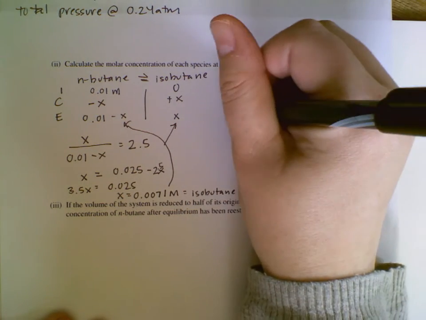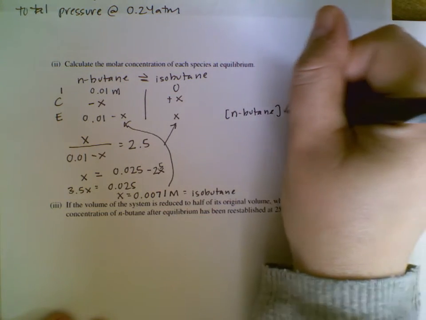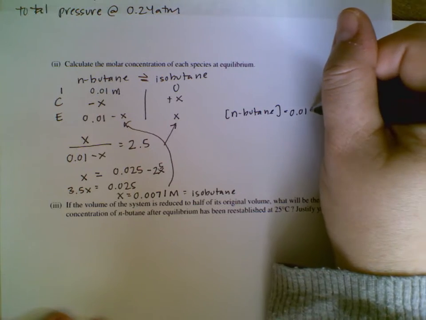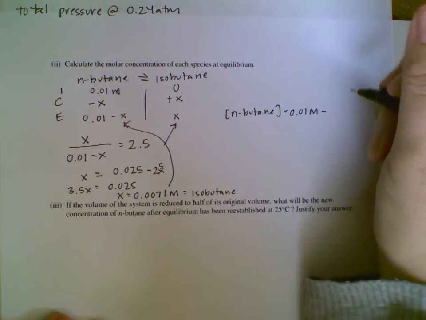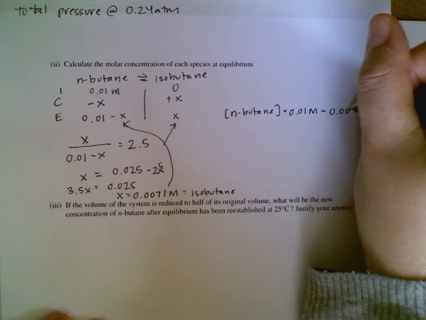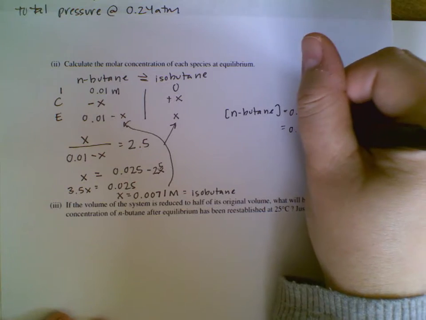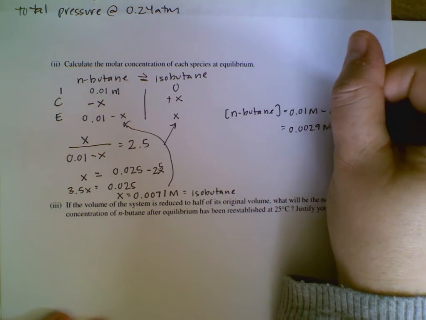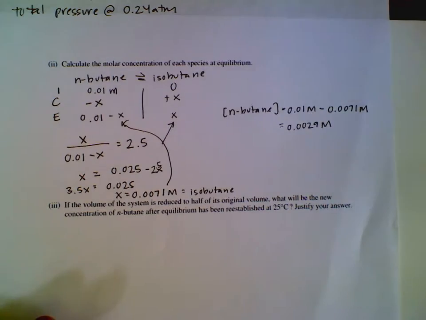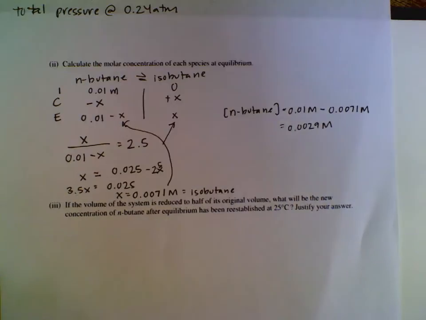But to figure out the concentration of my N-butane, I need to take 0.01 molar and subtract from it the X value, 0.0071 molar. And when I do that, I get 0.0029 molar. So 0.0029 and 0.0071 molar. Okay?